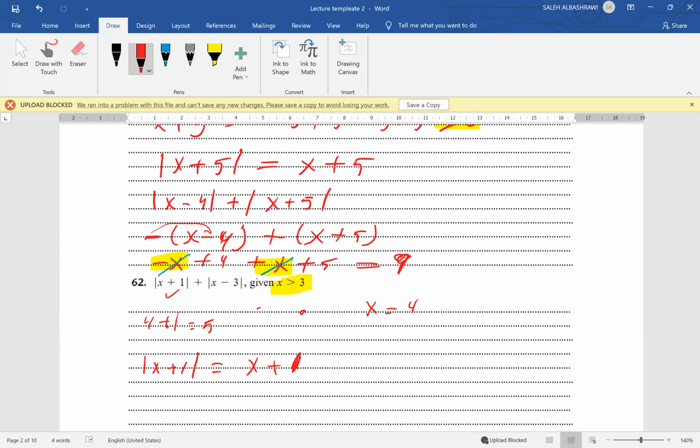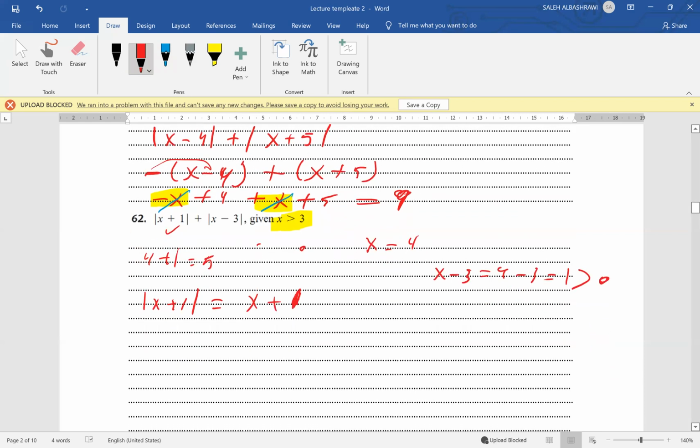For the second one, x minus 3, if x equals 4, this will give me 4 minus 3, which is equal to 1, greater than 0, which is positive. It means that we can remove the absolute value without changing anything: x minus 3.